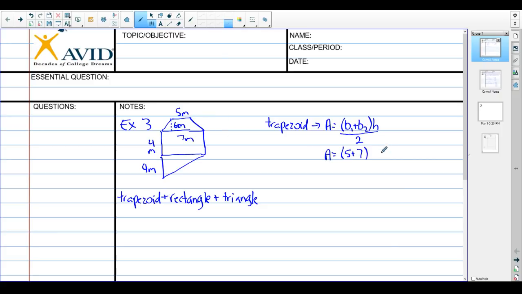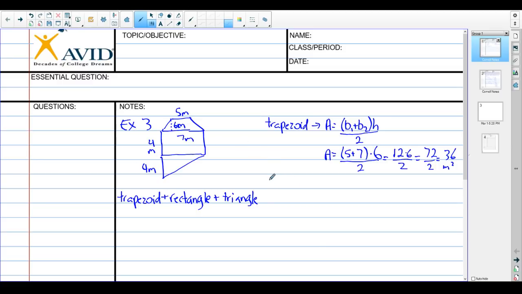The height is the distance between them, which is 6, all divided by 2. 5 plus 7 is 12, so that's 12 times 6 over 2. 12 times 6 is 72, divided by 2 is 36 meters squared.